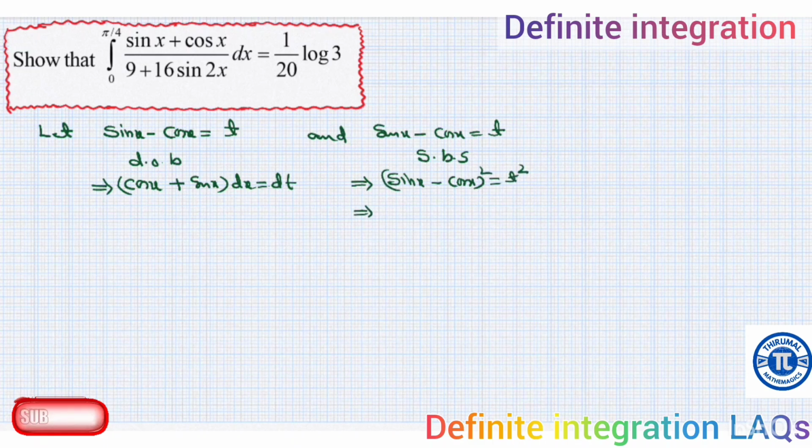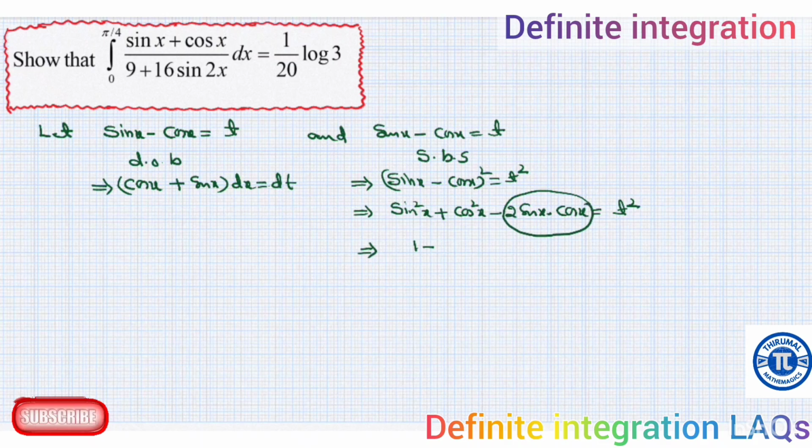The left side is in a minus b whole square form, so sin square x plus cos square x minus 2 sin x cos x is equal to t square. We know that sin square plus cos square is equal to 1, and 2 sin x cos x is sin 2x. So 1 minus sin 2x is equal to t square. Now write the sin 2x value as 1 minus t square.